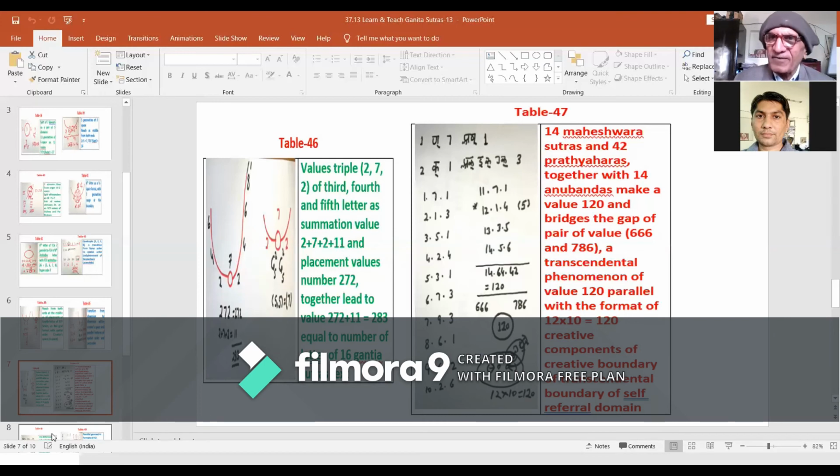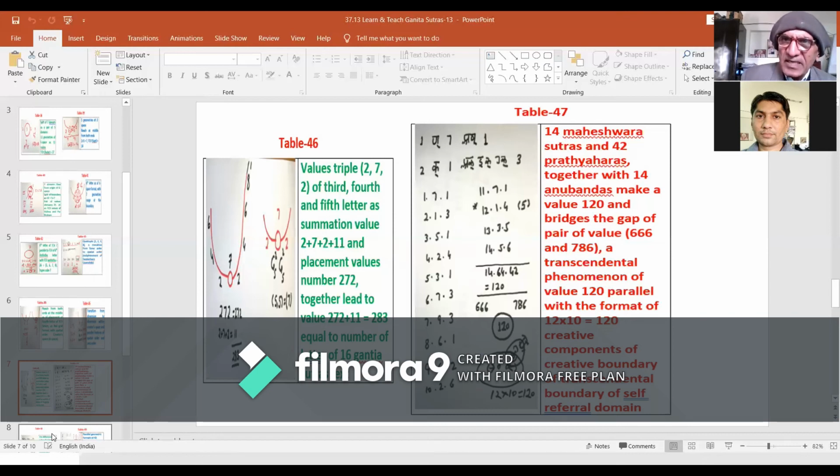Table 47 brings us further bliss, as the Vedic systems' grammarized organization is of 14 Maheshwara Sutras.